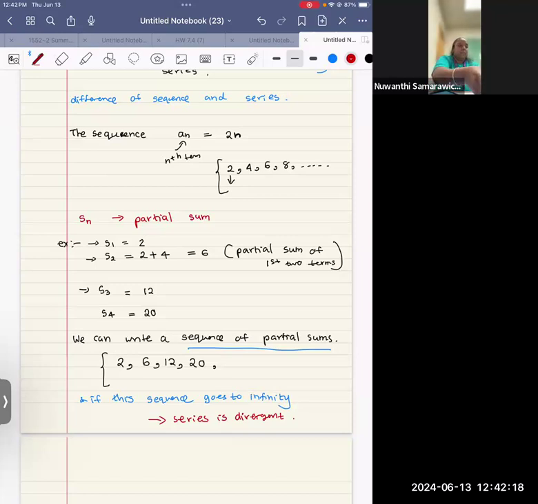Okay, so if the sequence stops, I'll write it here. If this is denoted by S infinity, it means 2, 6, 12, 20, and this will just go on forever.